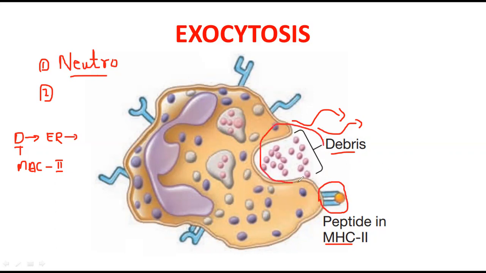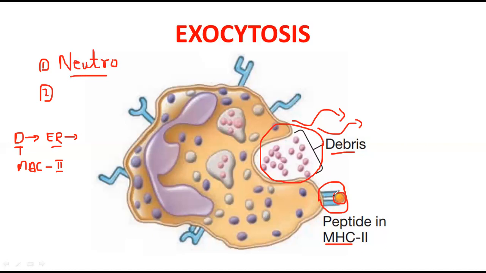Now this is the proper function. The neutrophils just release debris to the environment, but in this process, the debris travel to the endoplasmic reticulum, and after that they bind to the proteins present in the endoplasmic reticulum, known as MHC proteins. After that they travel to the plasma membrane, and these antigens and debris are presented over the surface of the immune cells.